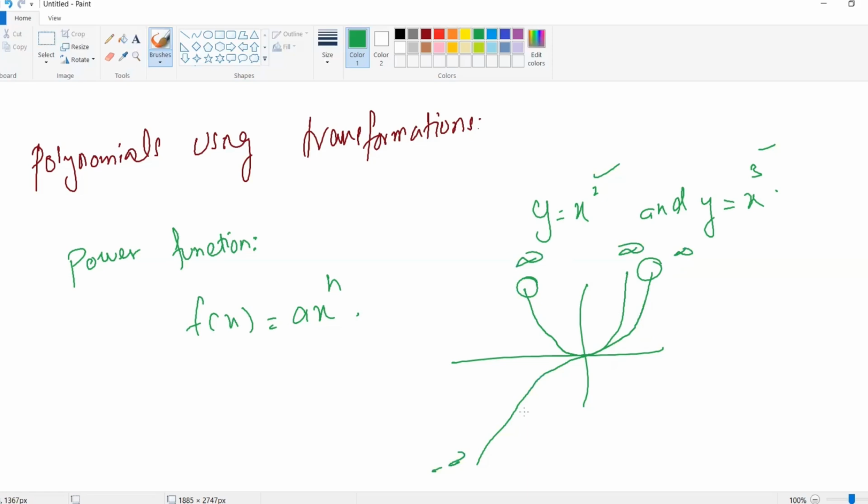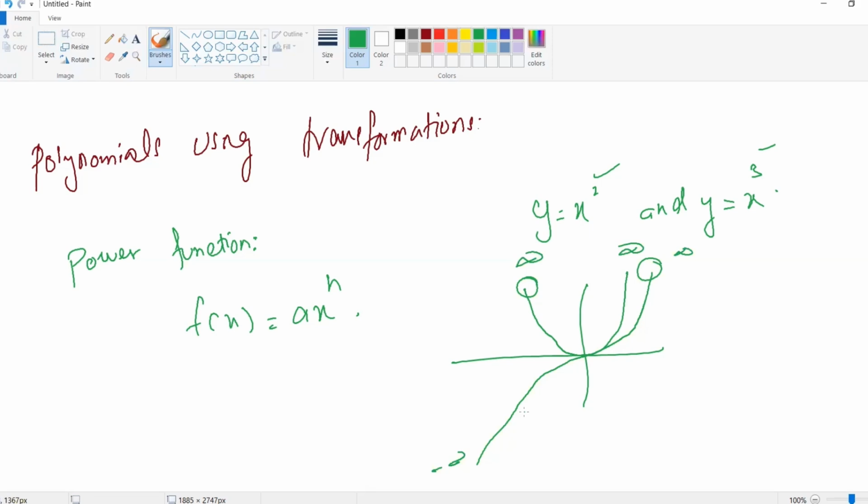All right. Now read this paragraph after the graph. Notice that each power function has only one x and one y intercept, the origin (0, 0).